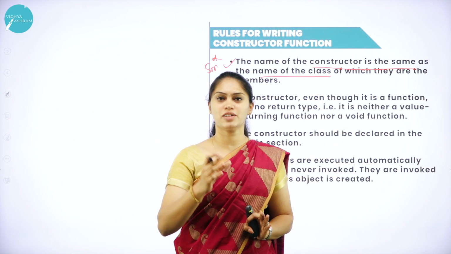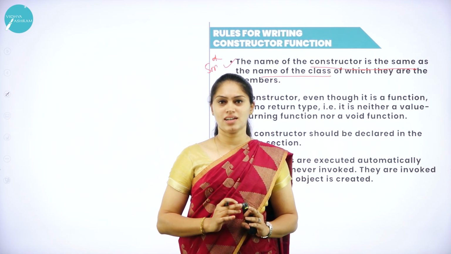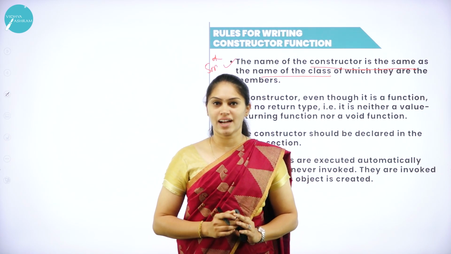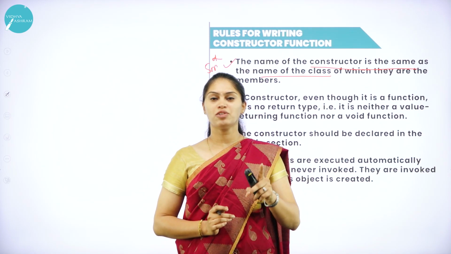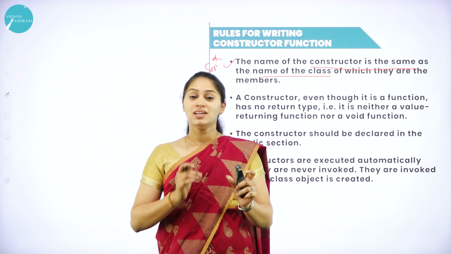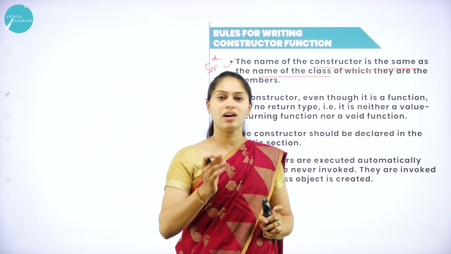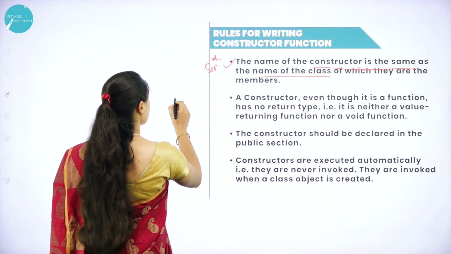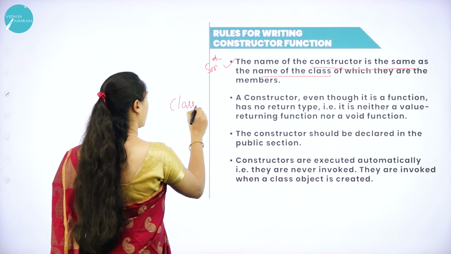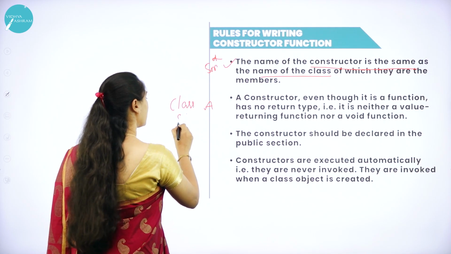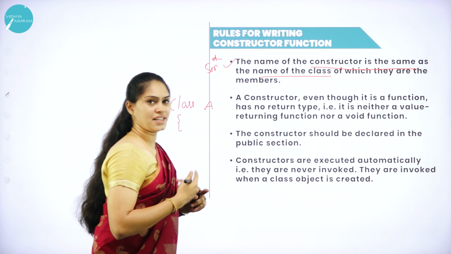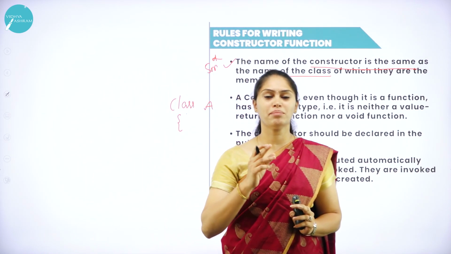That means what are all the rules that we are supposed to follow while writing a constructor function. What is the first rule here? We have to have a constructor name same as the class name. How am I supposed to create a class? For example, class A. I am creating a class. A class comprises data members as well as member functions.